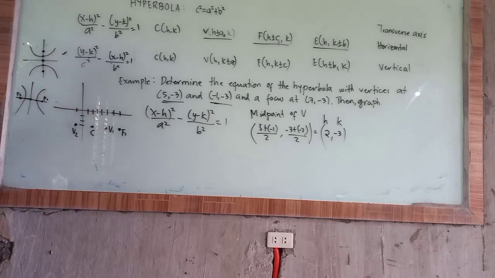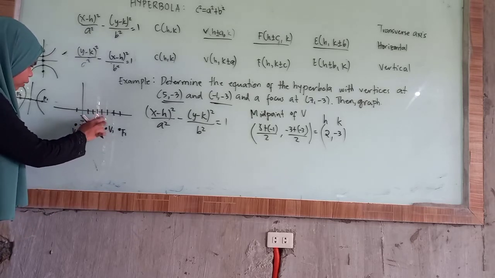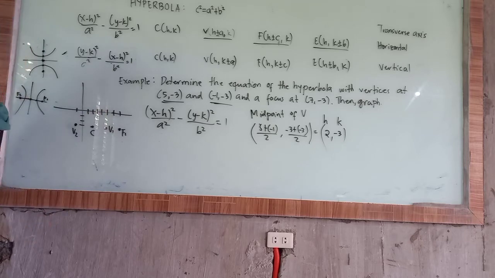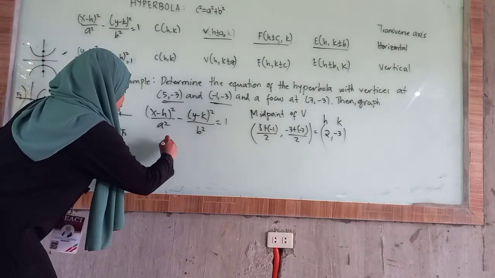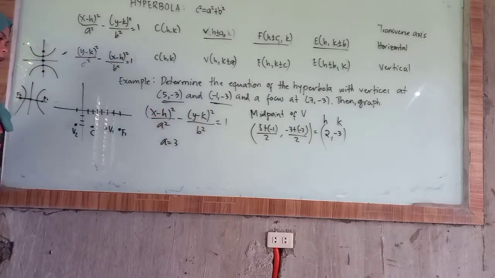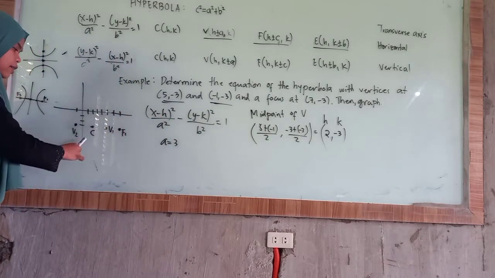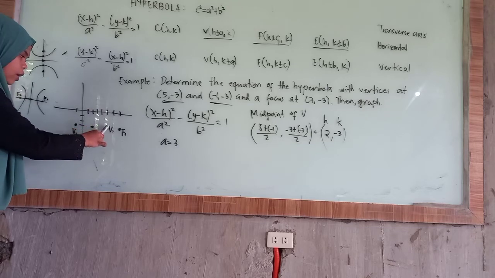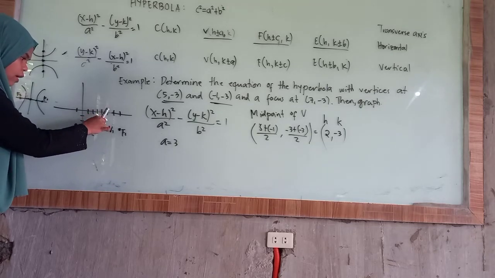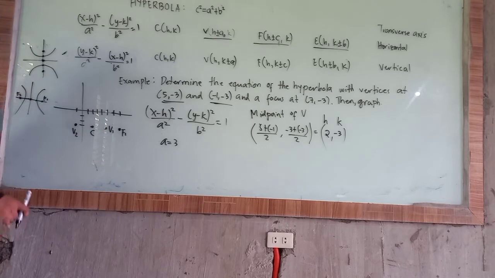So, by graphical method, ilang units ba yung layo nila? So, I have 1, 2, 3. So, that is the value of your A. Okay? So, A is equal to 3. Again, paano nakuha? A is the distance from the center to the vertex. Kung gaano sila kalayo. So, that is 3 units away.